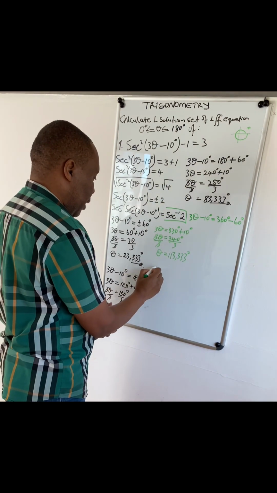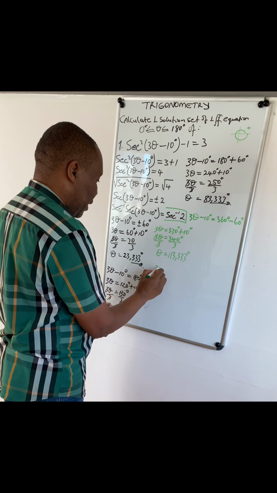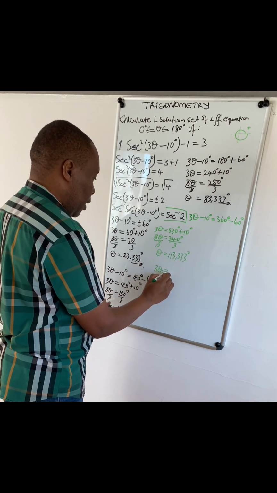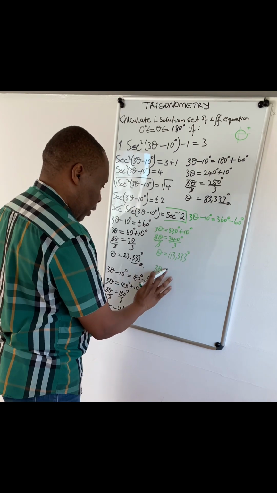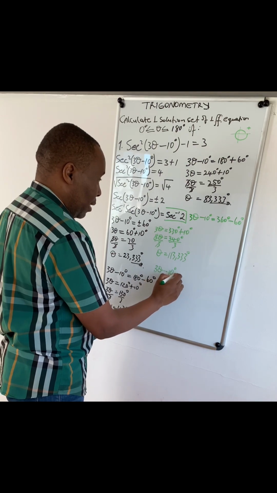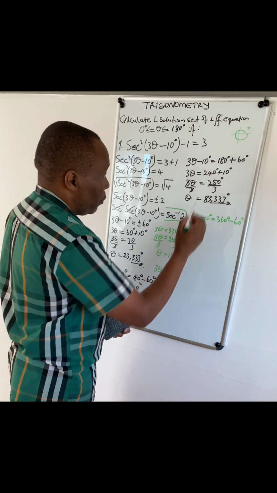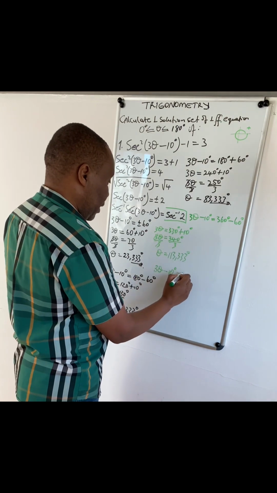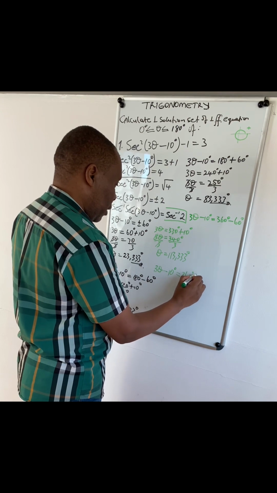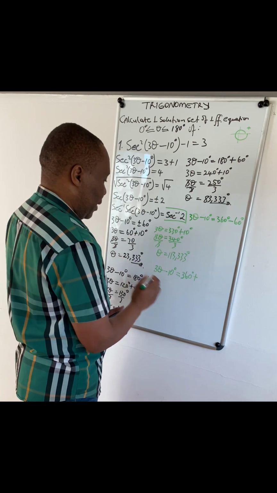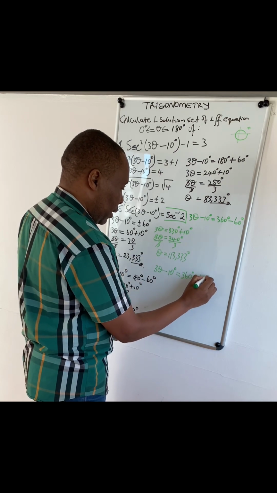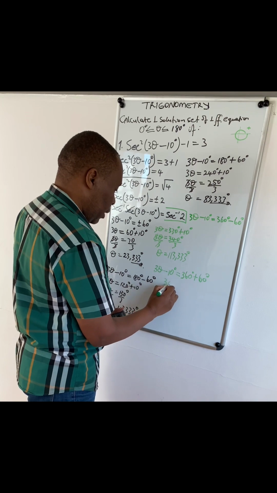So we say 3 theta minus 10 degrees is equal to 360 degrees, a revolution, plus 60 degrees, because we are working with 60 degrees.